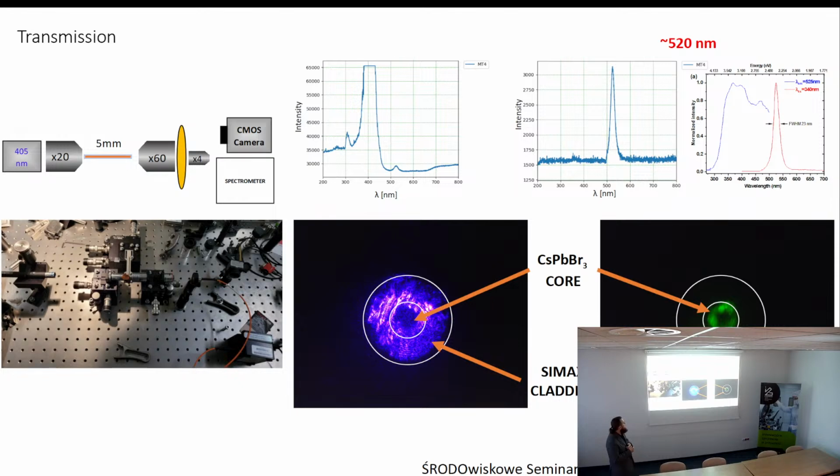However, we put a filter between our source fiber and the detector and spectrometer, and we noticed that we have some green light. So we can excite the crystalline core and obtain emission through the core or next to the cladding. We measured it with a spectrometer, and these values are also similar.